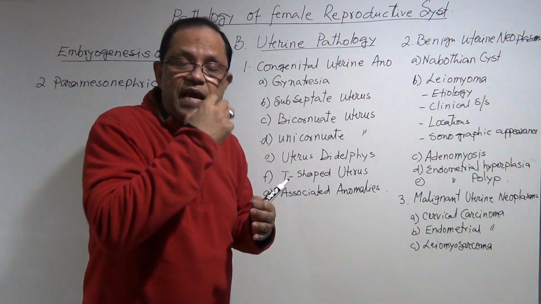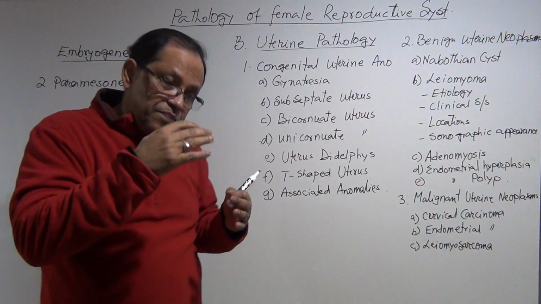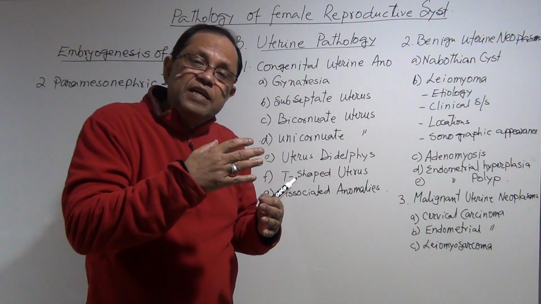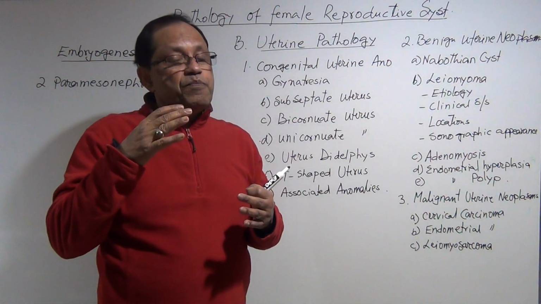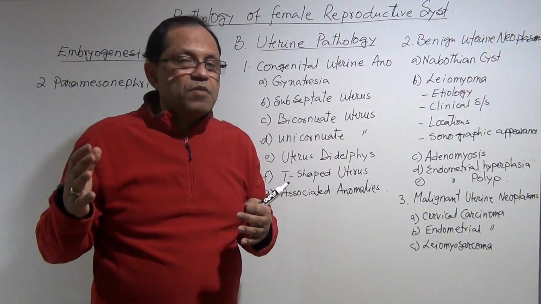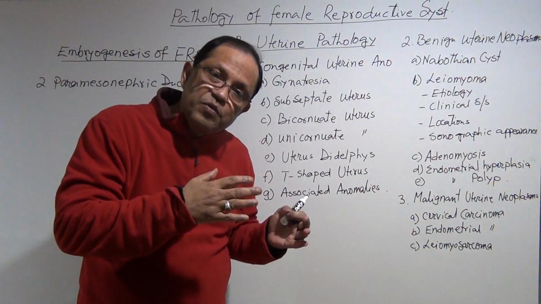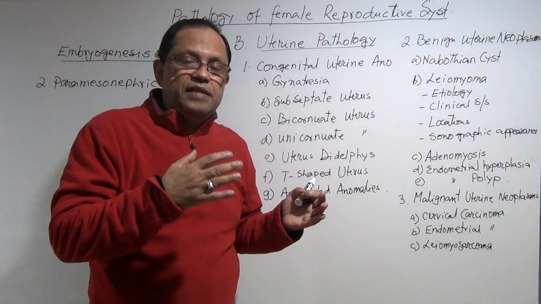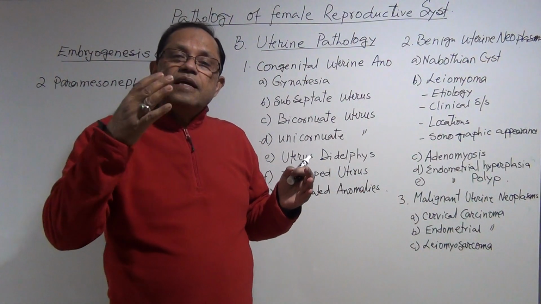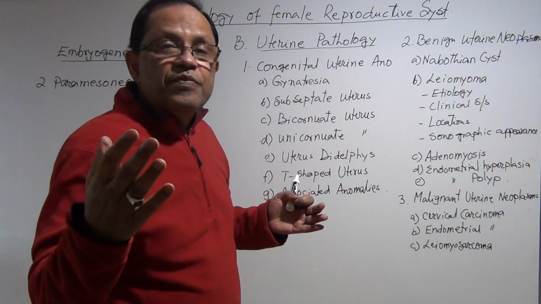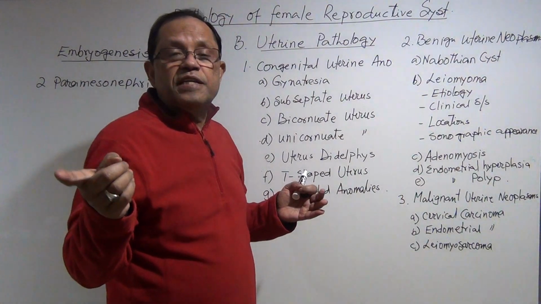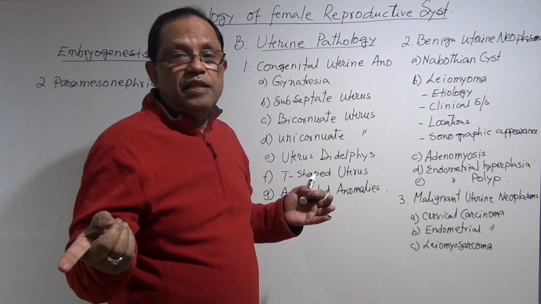Now we have to understand this kidney formation and the reproductive organ formation. Kidney formation we call urogenic, and reproductive is genital.